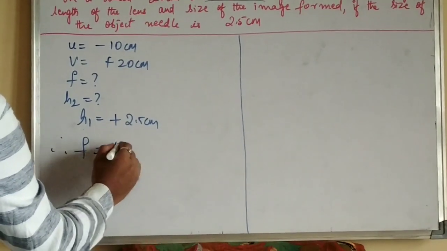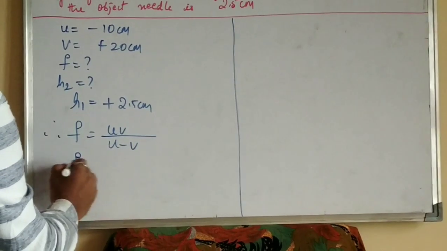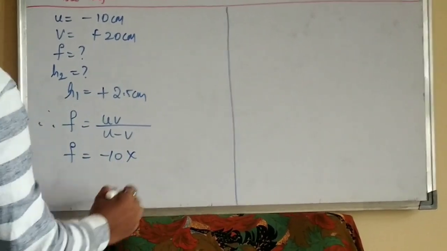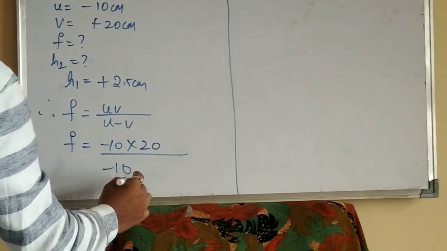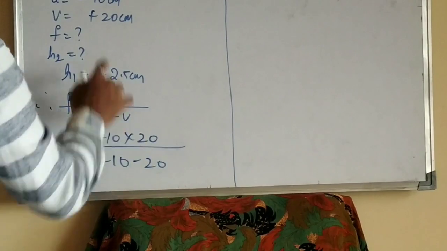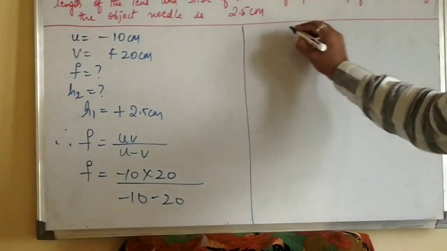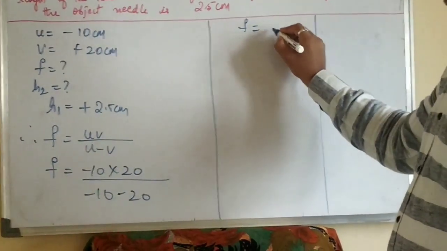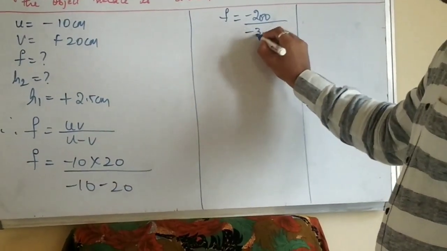Therefore f is equal to product by difference, uv by u minus v. Therefore f is equal to u is minus 10 into v is plus 20, divided by minus 10 minus 20, because minus of plus 20 is minus 20. So what you will get? f is equal to minus 200 divided by minus 30.